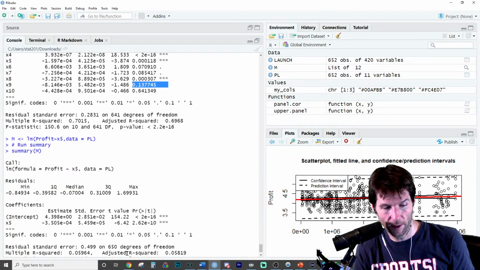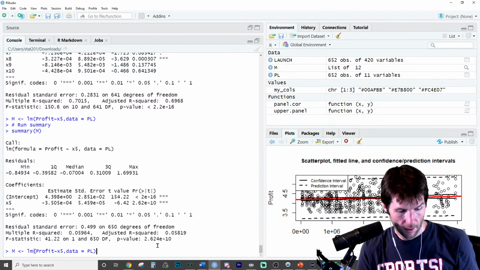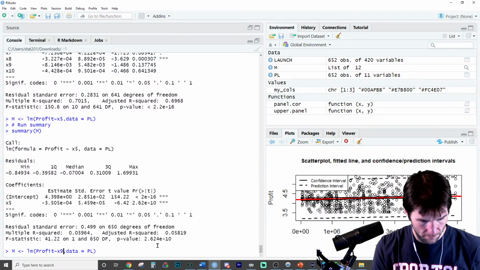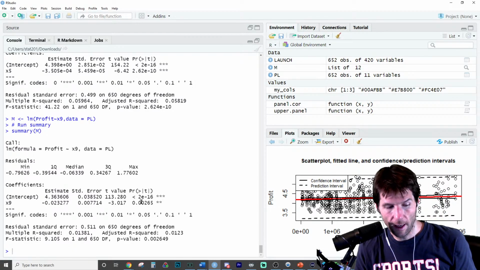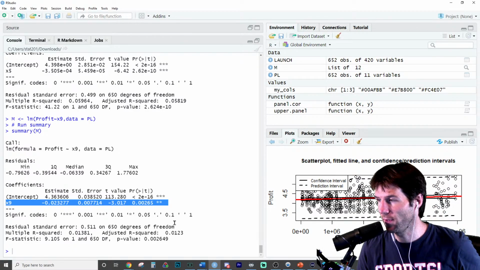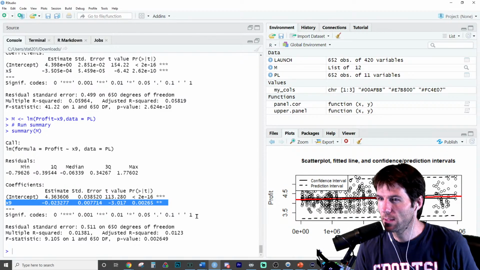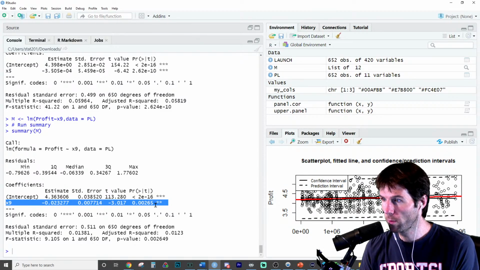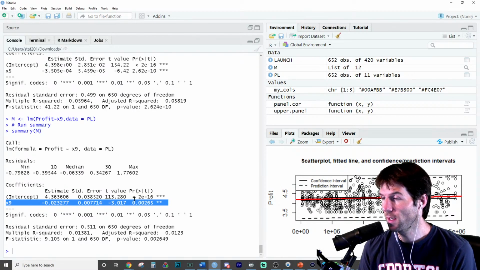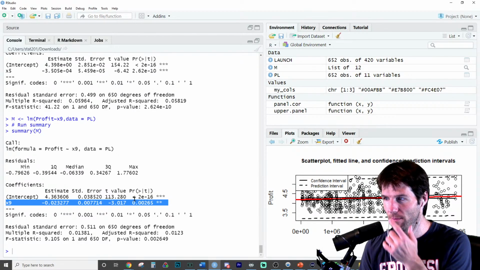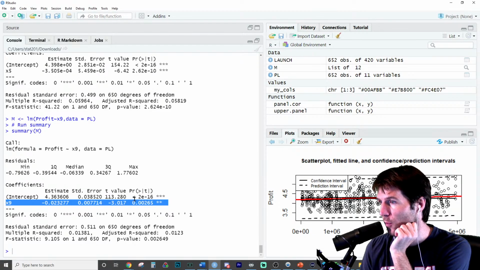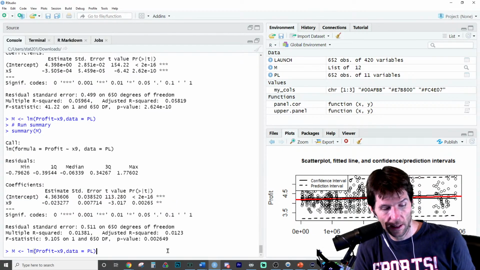I'm hoping it turns out this way. X9 is statistically significant. But wait a minute. Why is X9 statistically significant here? Take a moment and think through. X9 by itself has what for profit? X9 right here is statistically significant.